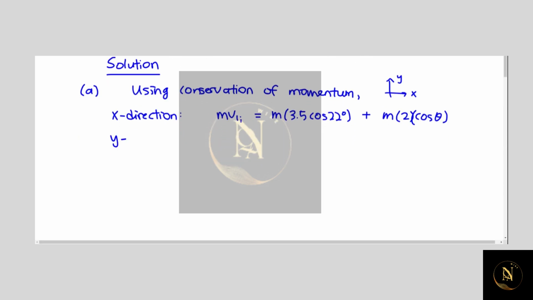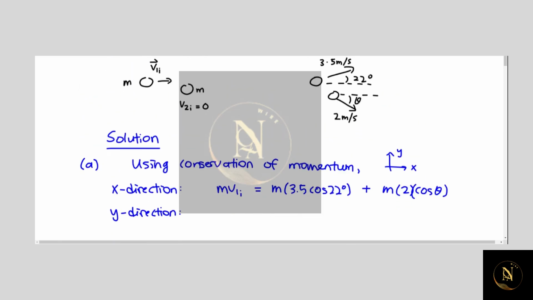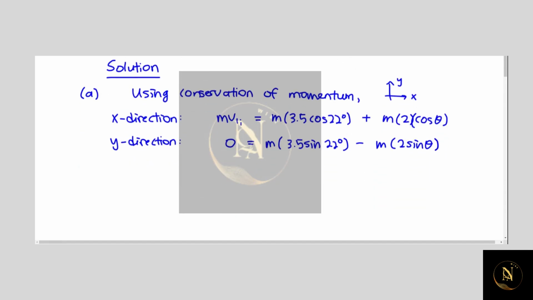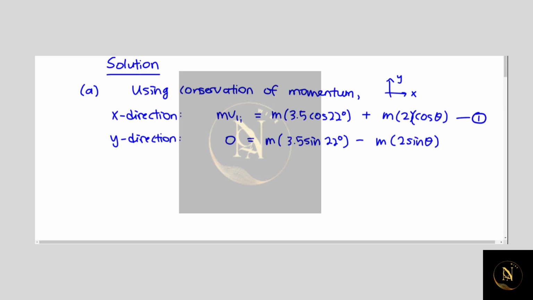Then for the y direction, if you look at the diagram, we have 0 equal to m times 3.5 sine 22 degrees minus m times 2 sine theta. So we have two equations, 1 and 2.